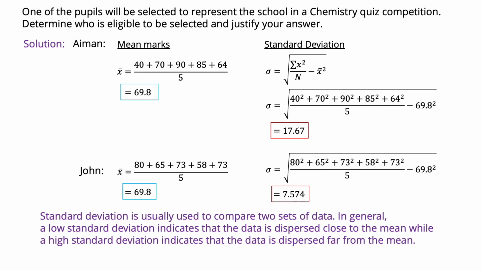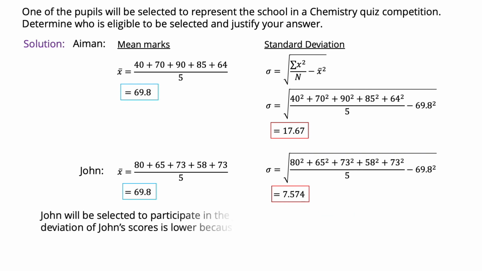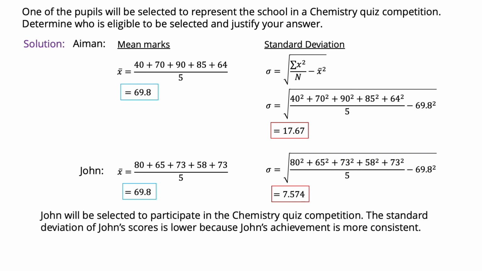In general, a low standard deviation indicates that the data is dispersed close to the mean, while a high standard deviation indicates that the data is dispersed far from the mean. Therefore, John will be selected to participate in the chemistry quiz competition. The standard deviation of John's score is lower because John's achievement is more consistent.